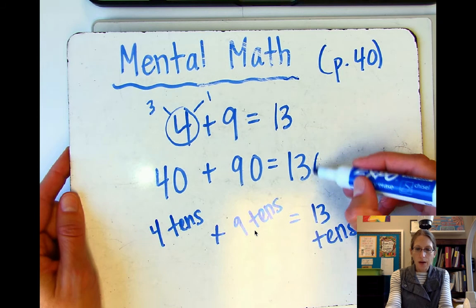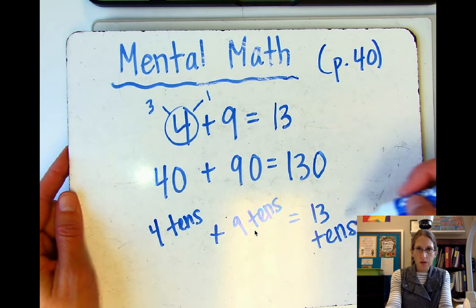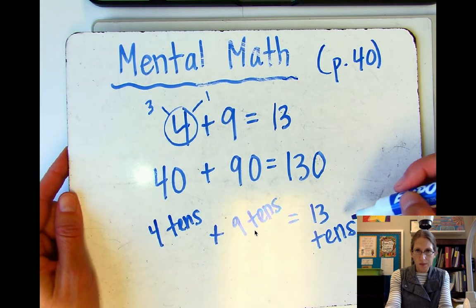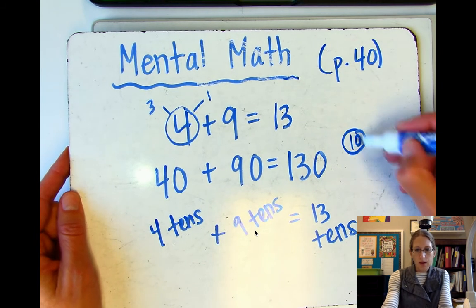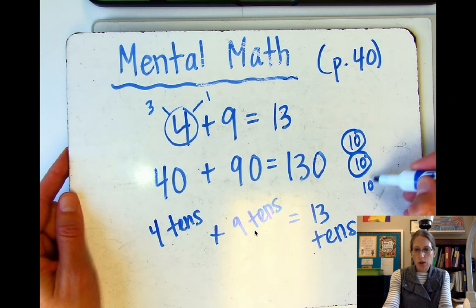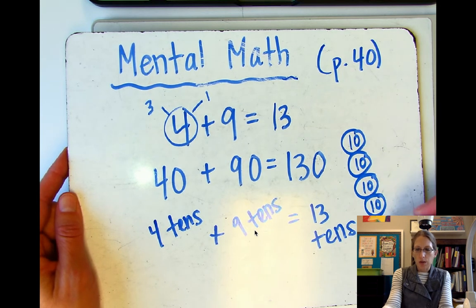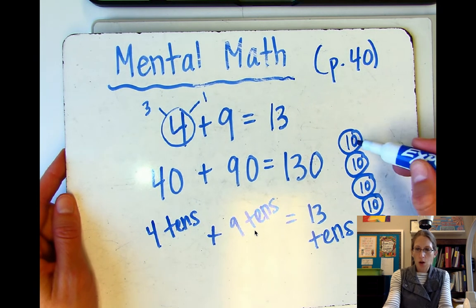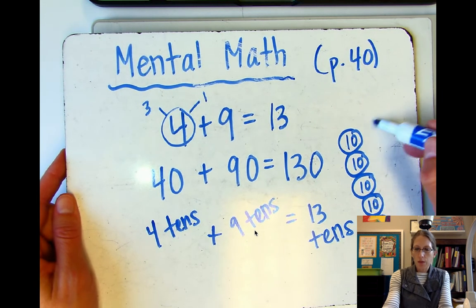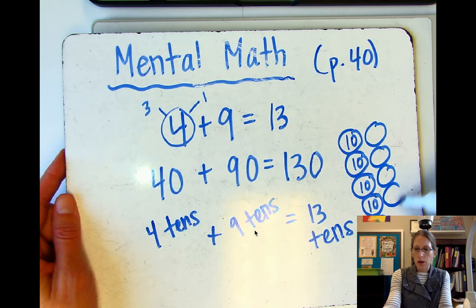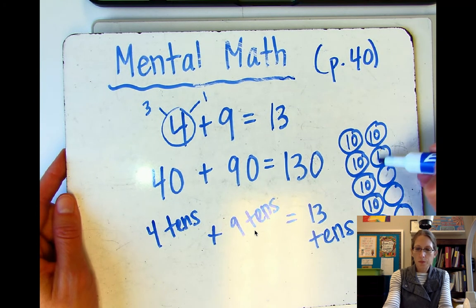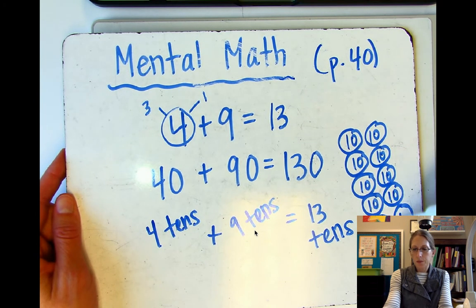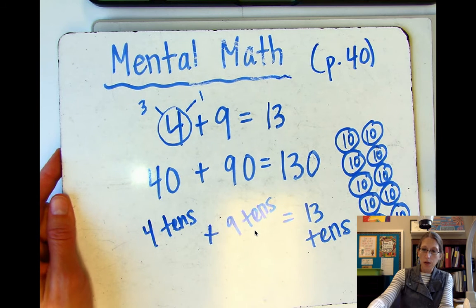Yeah, we add a 0. This is 13 tens. So again, that would be like having 13 of these. Let's see. 1, 2, 3, 4, 5, 6, 7, 8, 9, 10. There's 10 tens, and we know 10 tens is 100.